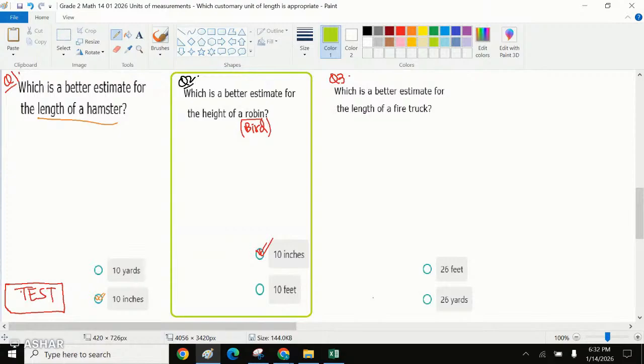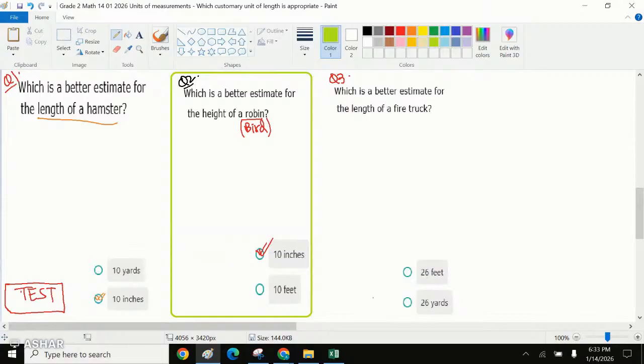A fire truck would be 26 feet or 26 yards. Can I have the answer?